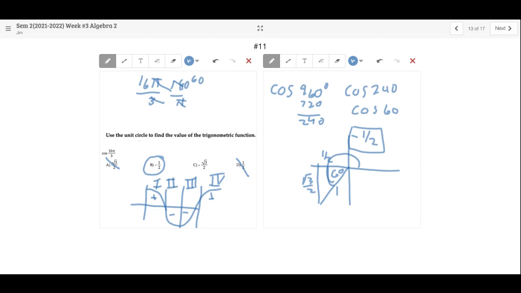This is the kind of stuff that I want my calculus kids to know when they come into me, because this is the trig that is used in calc and in higher math classes. Okay. Yeah, negative 0.5 because your calculator is decimals.